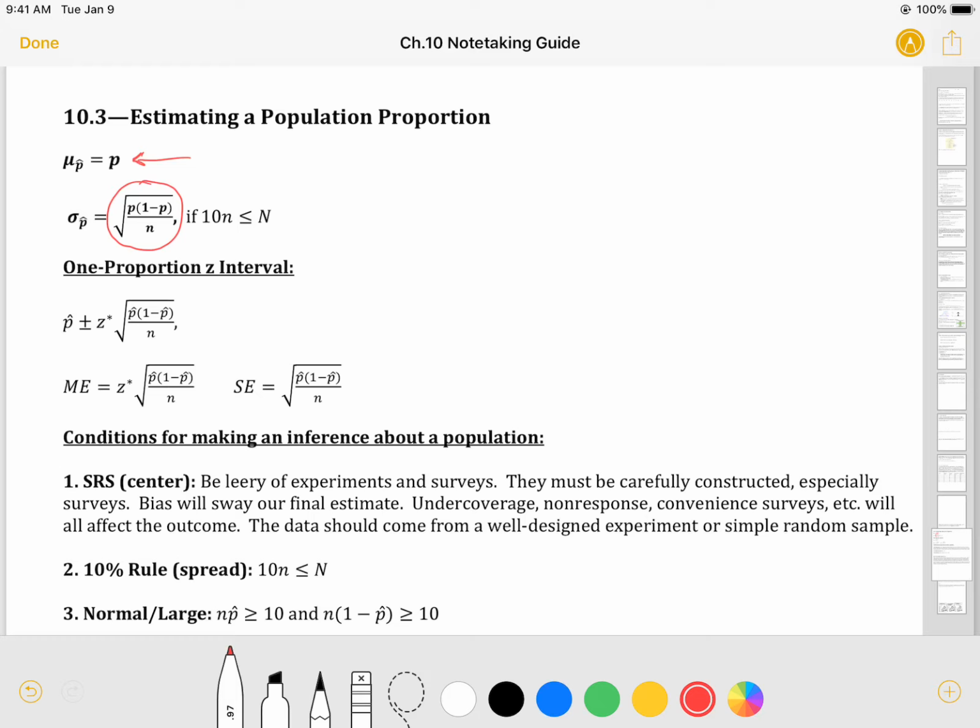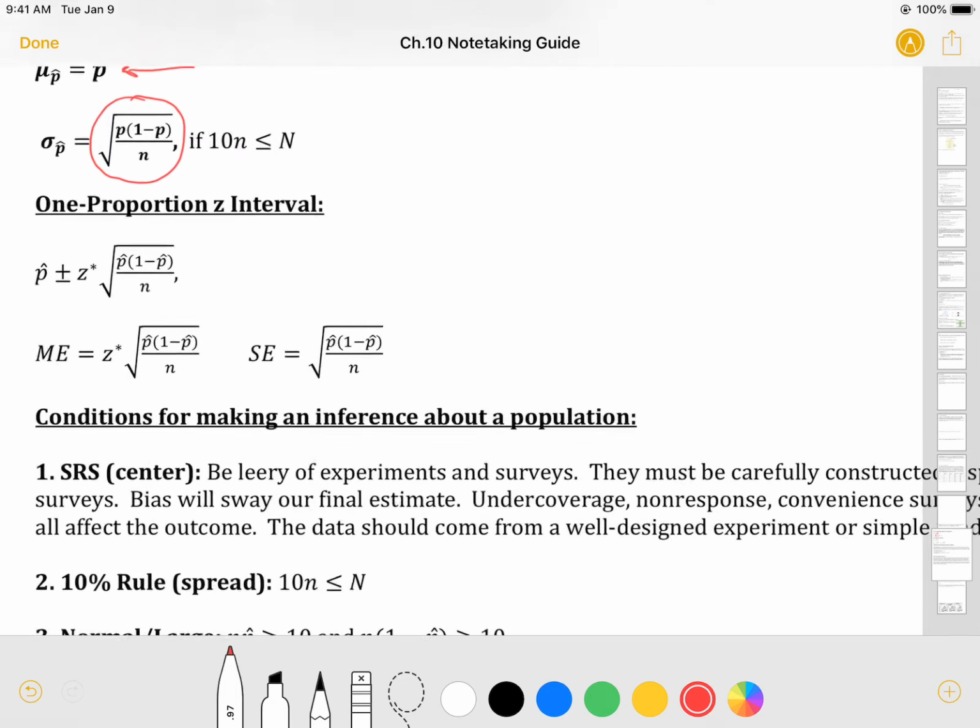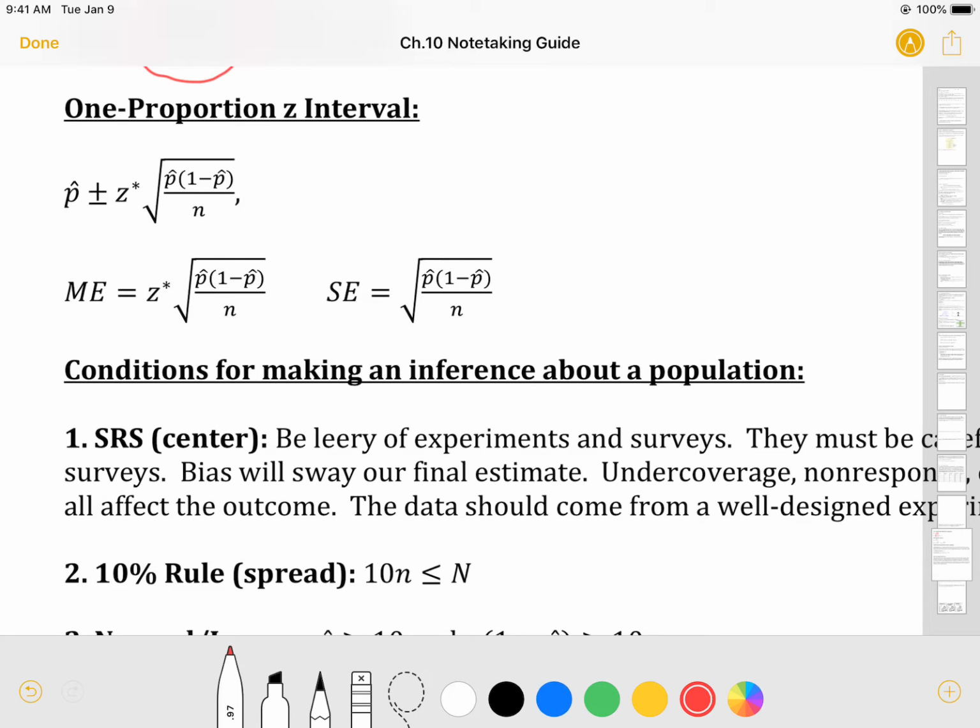So if we are going to be estimating this population proportion p, our formulas are going to look slightly different, okay? So notice here how we are using p-hats instead of p, and that's because we don't know p yet, and we're going to be estimating p. So we're going to use p-hat instead of p in order to estimate our population proportion.